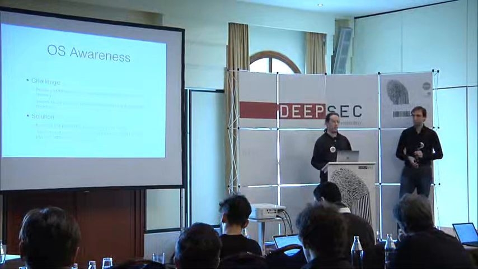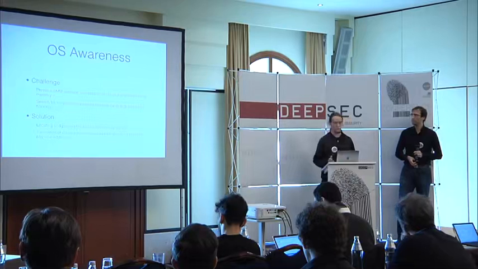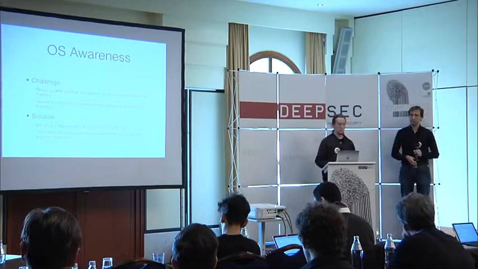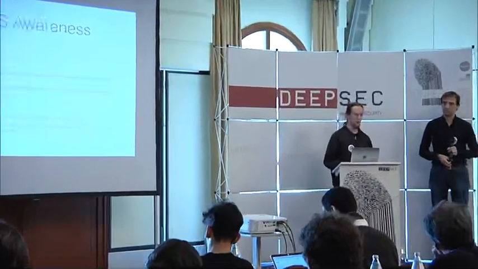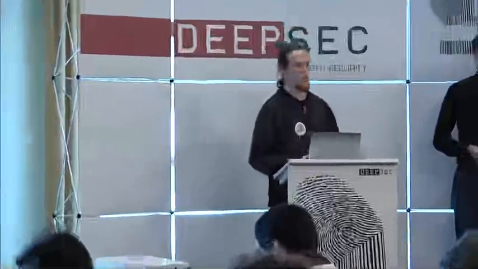Now, what we could have done is we could have actually used the page tables of the operating system, but that's not that great because it's not guaranteed that our own code is mapped where we want it, and we also don't want to modify the page tables of the operating system because that wouldn't be that stealthy and might cause some problems with it.